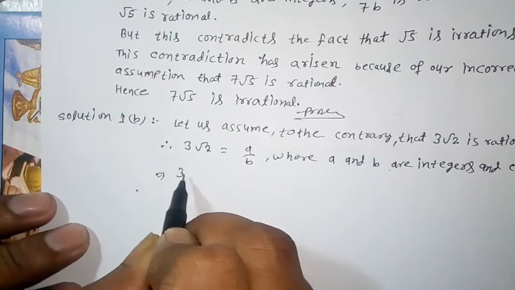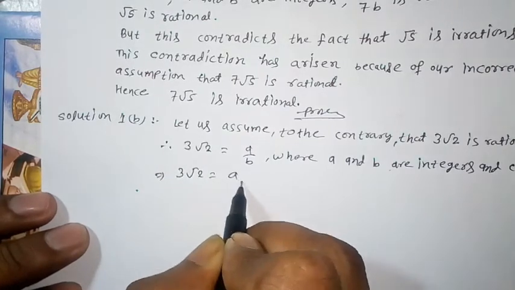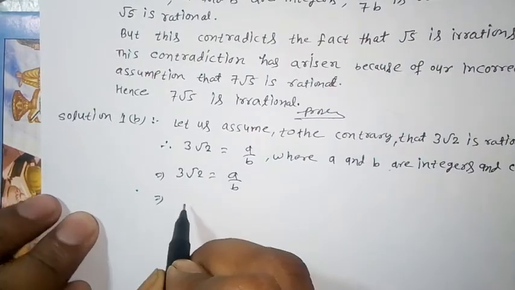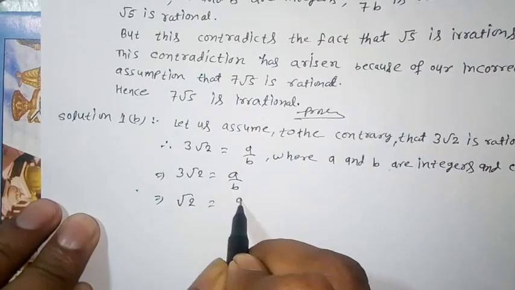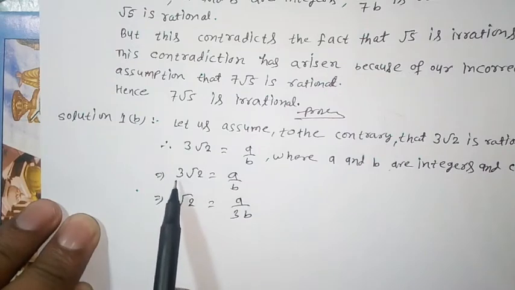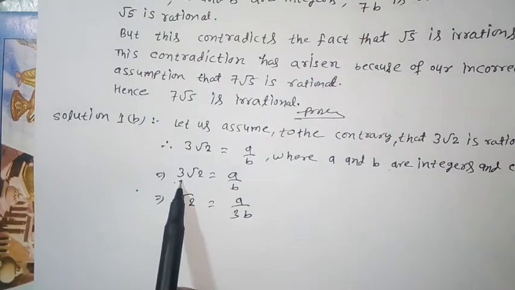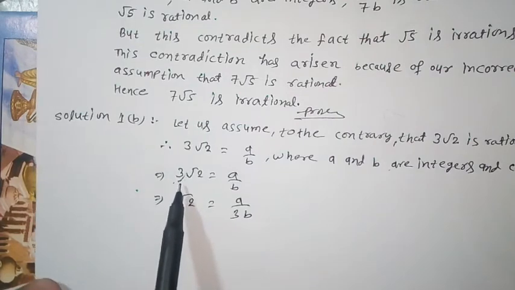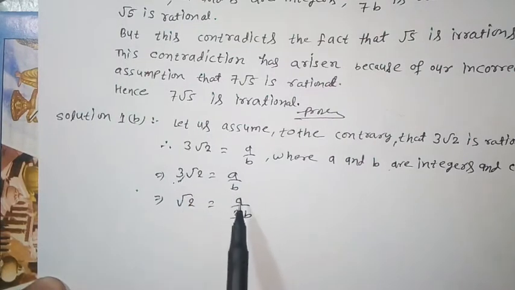Implies 3 root 2 is equal to a by b. Implies root 2 is equal to a by 3b, because 3 is multiplied by root 2, so the 3 goes to the other side, then multiplication becomes division on the other side.